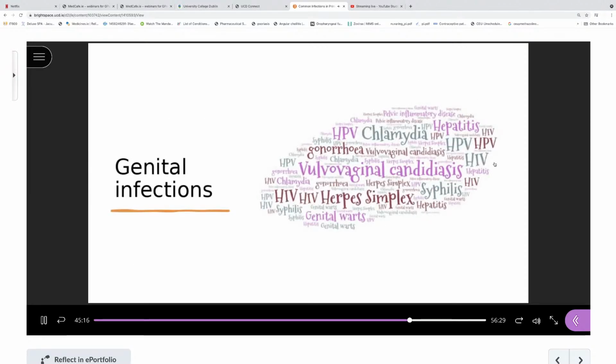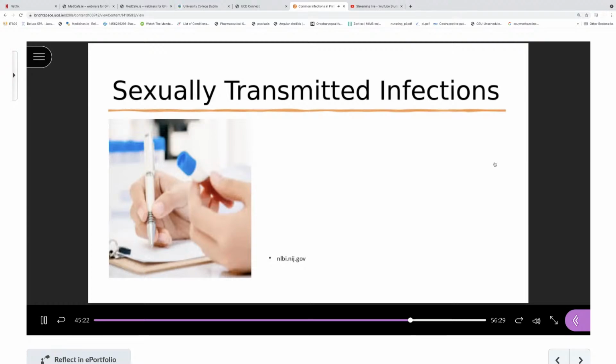So I'm only going to briefly mention genital infections. So we do see a lot of genital infections in primary care, but this is really another whole talk in itself. So we aim to screen for sexually transmitted infections and encourage patients who have had unprotected sex or have had a new partner or change of partner to routinely attend for STI screens.